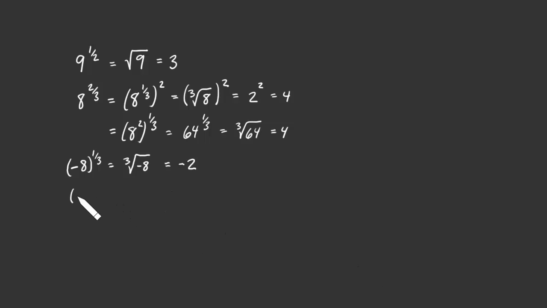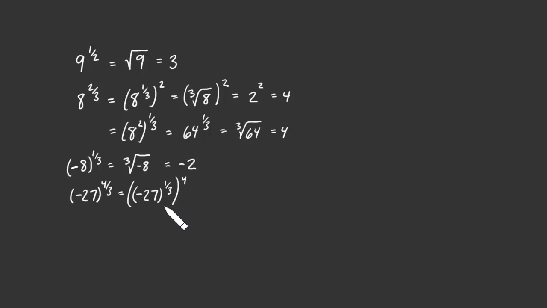Likewise, if I had negative 27 to the 4/3, here again, there's a raising to the 4th power involved here. There's also taking a cube root involved here because that 3 is on the bottom of that fraction. If you wanted to write it out explicitly, you could say, well, hey, that's negative 27 to the 1/3, and then all of that to the 4th power.